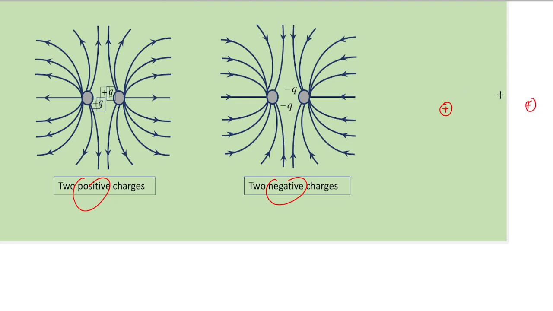So close to the charge configuration, the field lines are pushed away to a greater degree. Same here also, pushed away like this. So those field lines which are closer to the other charge would be pushed away to a greater extent. Now those field lines which are further away, this field line would be least affected.